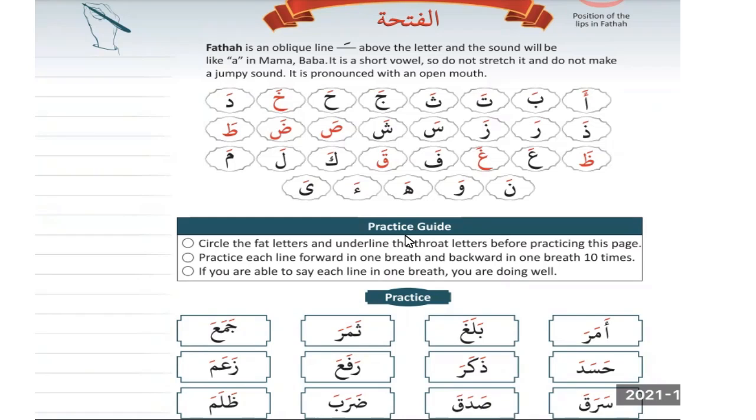Then to, again to, and ta. If you see the third letter in this table, ba, ta. Ta is a very light letter, but the sound is very close to to. But to is a fat letter. Where does the tip of the tongue go? The tip of the tongue touches the upper gums.